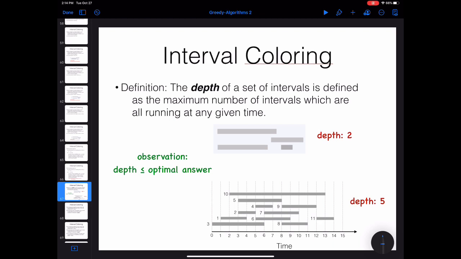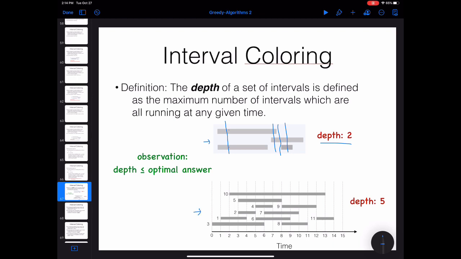Okay, so what is the depth in this example? You can see that I can find some time that there are two jobs running. And if you check all the times, you will see that there will be at most two jobs running at each time. So the depth is going to be 2. Let's have another example. The depth of this example is going to be 5.